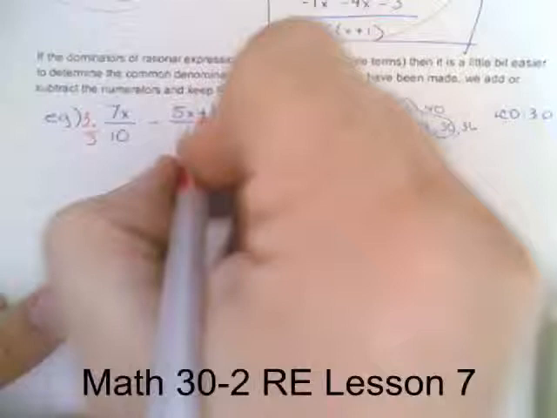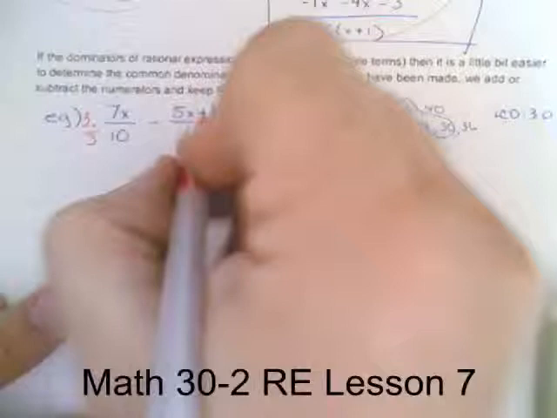Over here I've got the same situation: x plus 1 cannot equal 0, so x cannot equal negative 1. That's my non-permissible value. It comes out of here, and it comes out of the end. So the non-permissible values are there. The biggest difference is you need a common denominator.